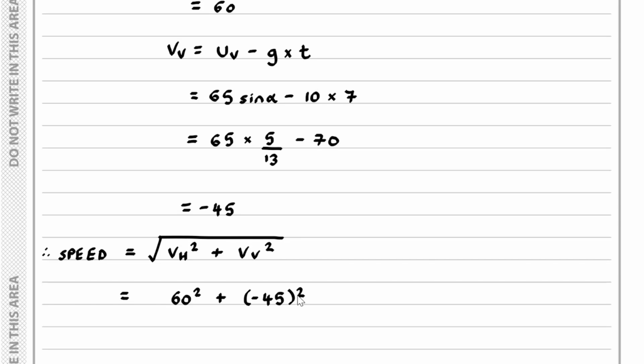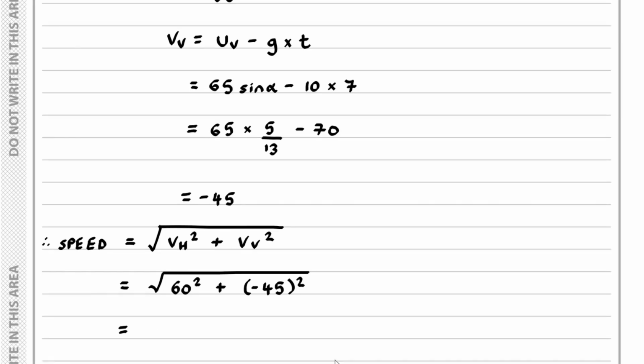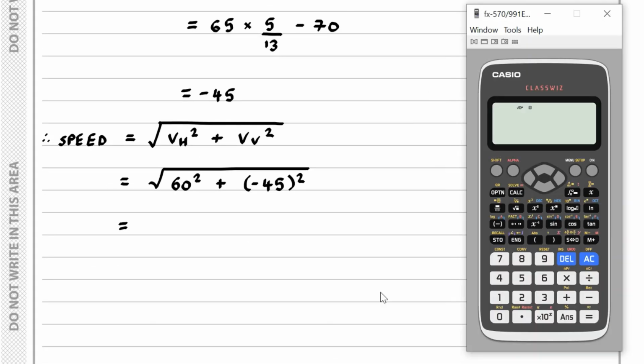So we've got minus 45 squared. And if we work all of this out, square root of 60 squared plus 45 squared, that's equal to 75. The speed is 75 meters per second.